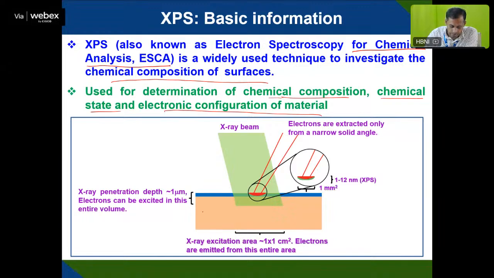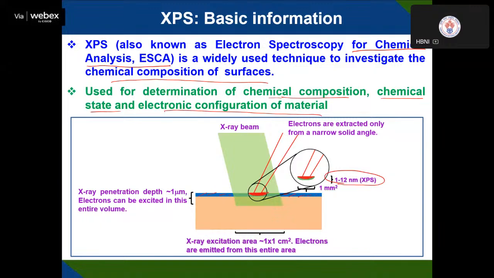You can see here, the blue one is the top surface, and we are mainly exploring 1 to 12 nanometers. Within that zone we are exploring; this is the volume of interaction.